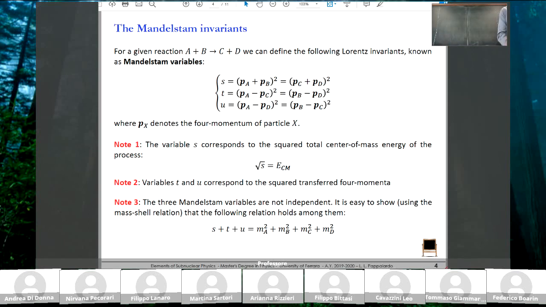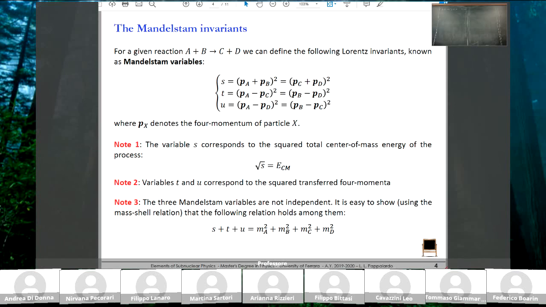All right. So suppose you have a generic reaction, A plus B, that goes into C1 plus C2 plus whatever up to Cn. So it's a generic multi-body reaction.